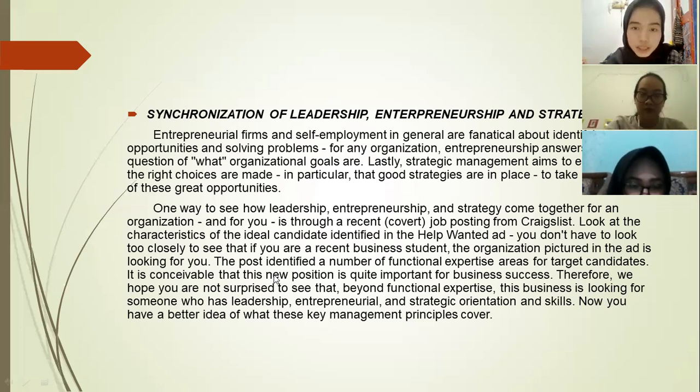You don't have to look too closely to see that if you are a recent business student, the organization pictured in the ad is looking for you. The post identified a number of functional expertise areas for target candidates.